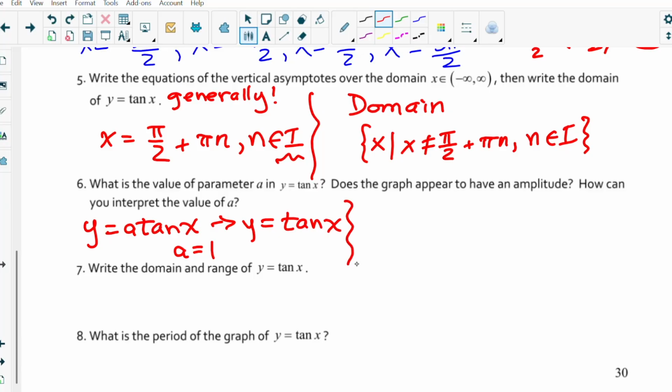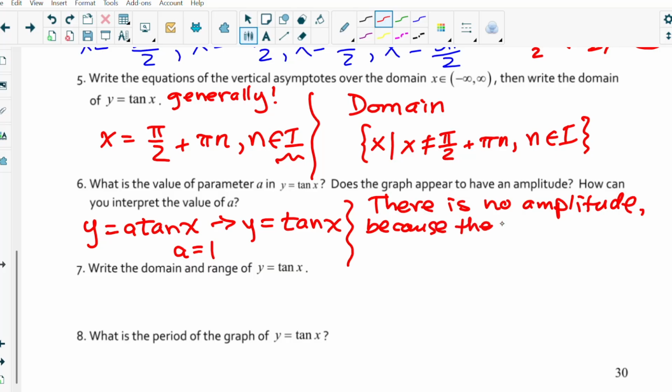Does the graph appear to have an amplitude? How can you interpret the value of a? There is no amplitude. There's no maximum. This doesn't look like a sine or a cosine graph. There's no amplitude because there is no max or min value.